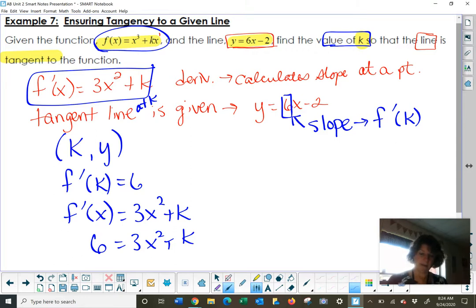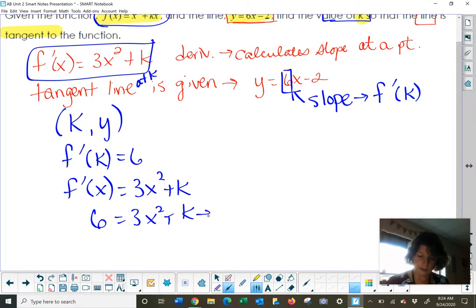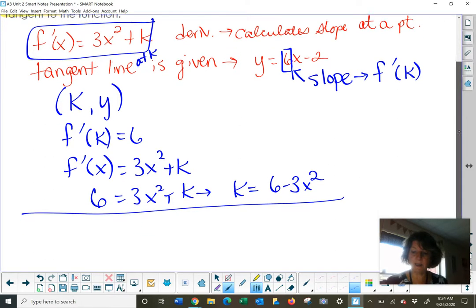And I could solve this for k, couldn't I? And then I can write that. So let's say that k is equal to, subtract the 3x squared, we get 6 minus 3x squared. And then I'm trying to write two equations.